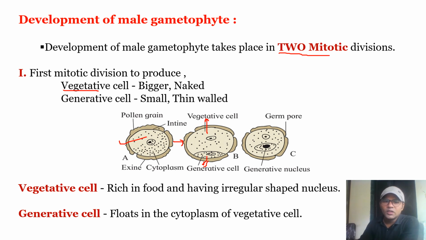Okay. This generative cell is suspended within vegetative cell. Vegetative cell is rich in food, and it shows the presence of irregular nucleus. And in this cytoplasm of vegetative cell, generative cells floats.